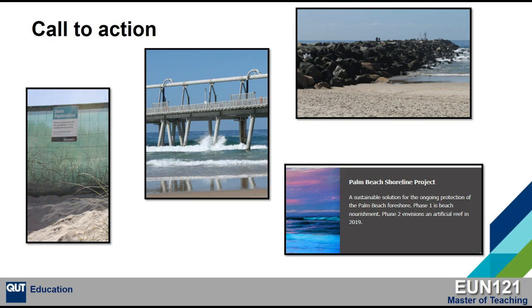So you've got some sand dune restoration, you've got a sand pipeline, you've got a big groyne or a seawall, and at Palm Beach, which is one of the areas of the Gold Coast that is most eroded, they have a complete Palm Beach shoreline project in progress.